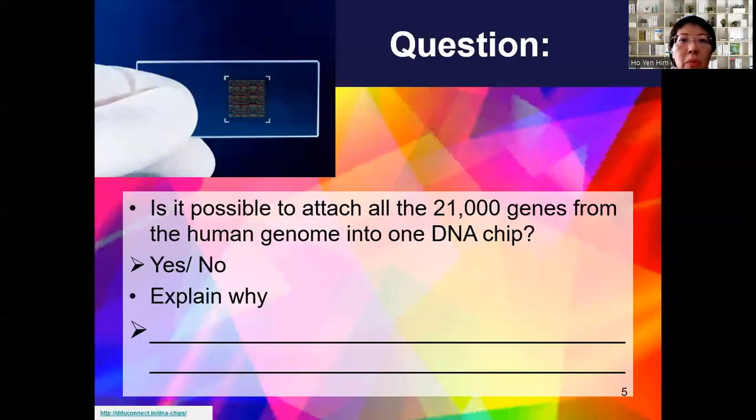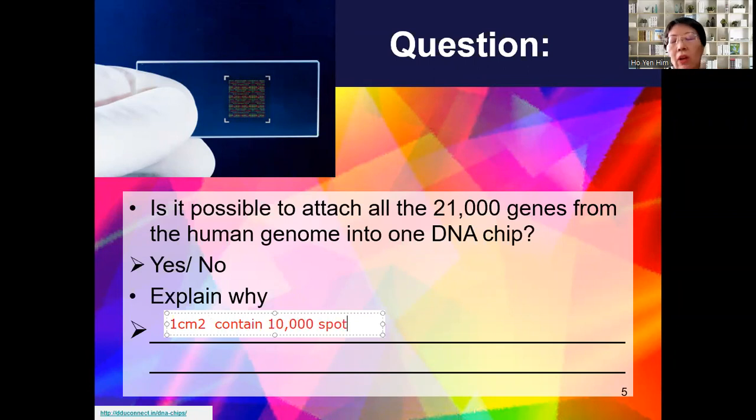Just now we saw from the definition of microarray that every 1 cm square can contain at least, minimum, 10,000 spots, and each spot can contain a different DNA probe. So how big should the area be to contain 21,000 genes?